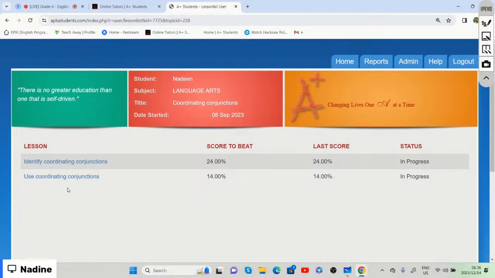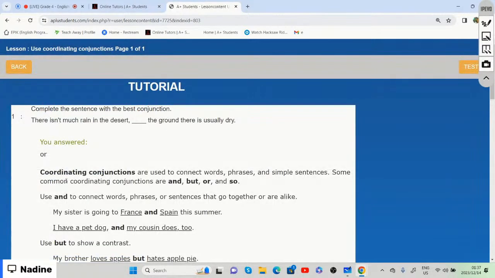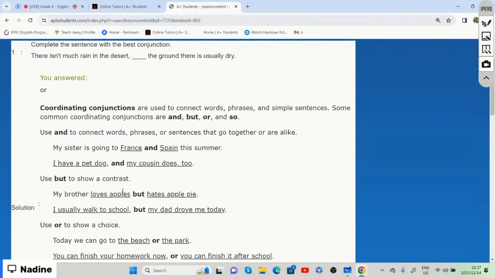So we're going to the next one, which is use coordinating conjunctions. So now we're going to see how we use "and", how we use "but", how we use "or", and how we use the other one, right?